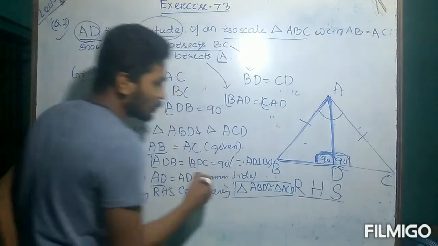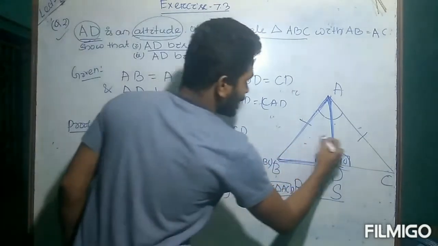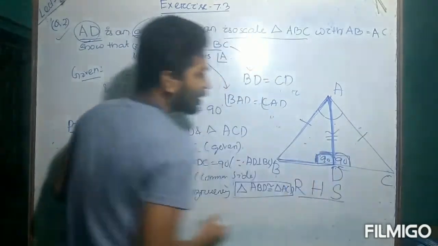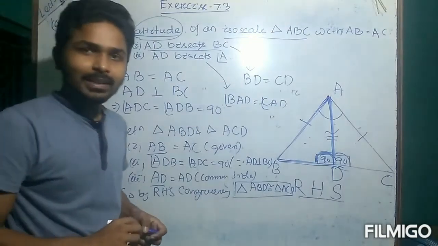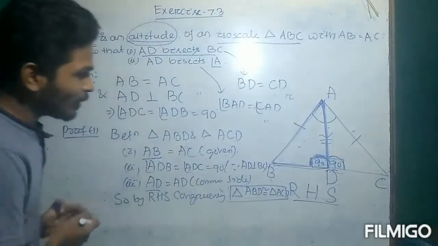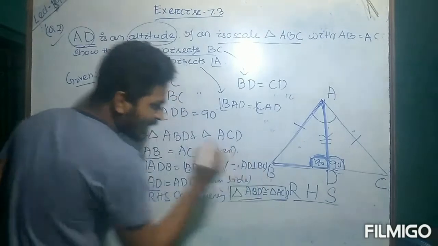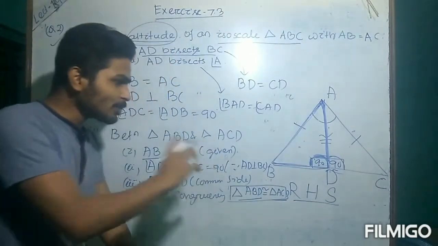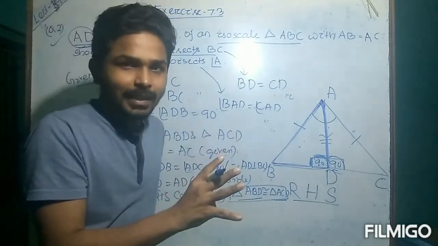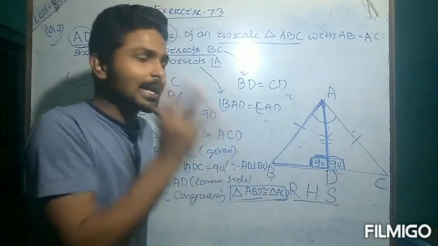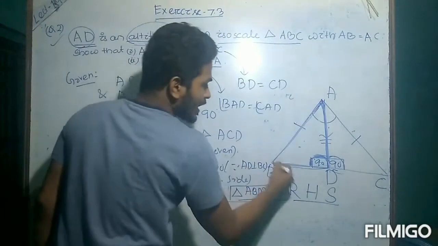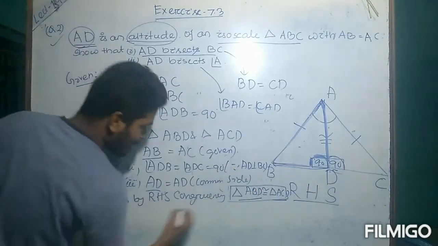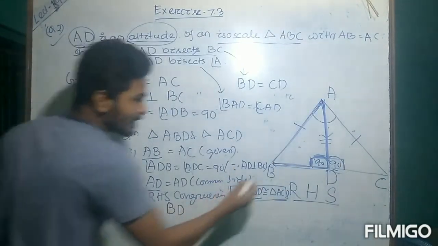Okay, so now we have proved that both the triangles ABD and ACD are congruent. Now since these two triangles are congruent, then according to Exam 7.2, if any two triangles are congruent, then their corresponding sides and corresponding angles are equal. Now, for the triangle ABD, BD is a side, yes or no?